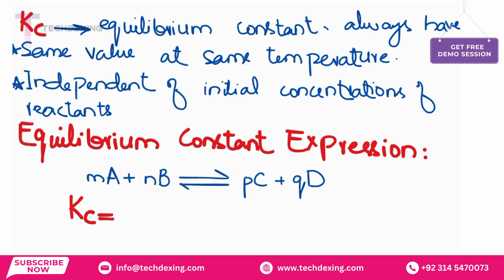The product has to be squared. Now in this one form, you are having P and Q as the coefficients, right? So you would write them as the exponent in the equilibrium constant expression. So look at the slide. We have a product C. You would write down the square bracket. What is the meaning of square bracket?